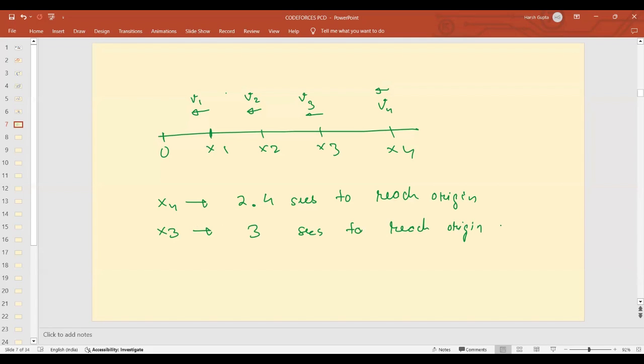And now I ask a simple question to you: will these balls x4 and x3 collide? Tell me. It will collide, right? Great. Now I tell you that x2 takes 2 seconds to reach the origin.